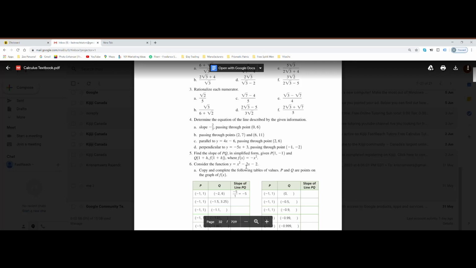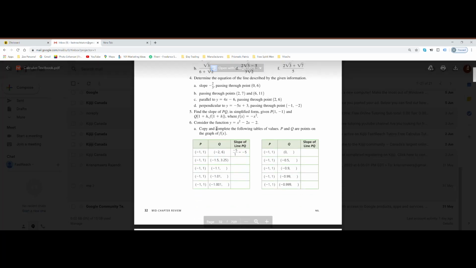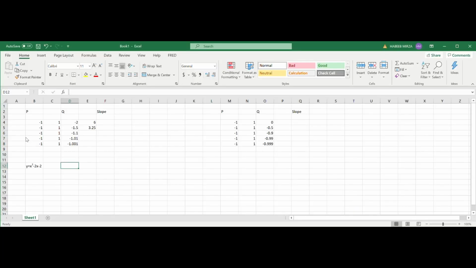So now we're going to do number 6. For question 6, I was thinking it would be easier if I put it in a spreadsheet. So this is point P, negative 1 and 1. We need to determine the value of Q given this formula.